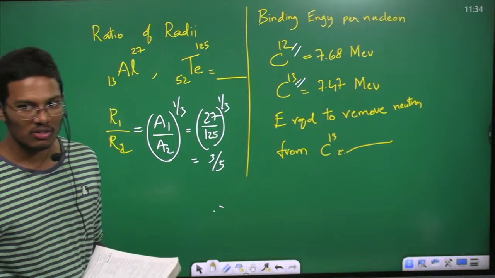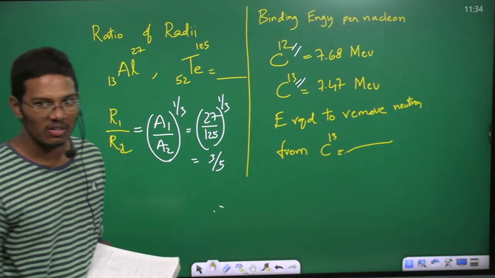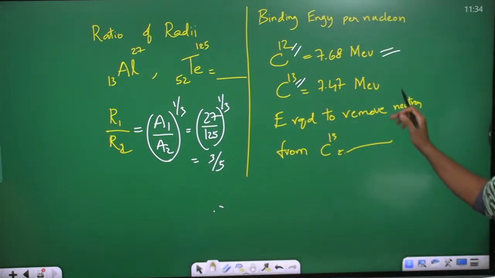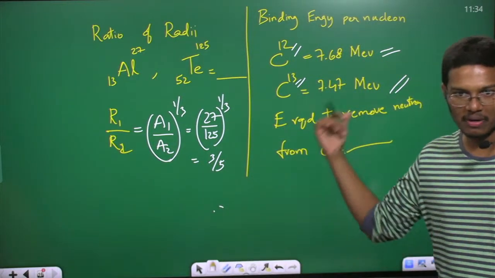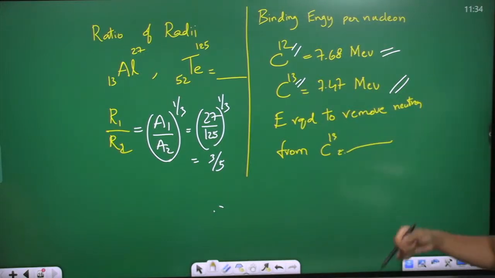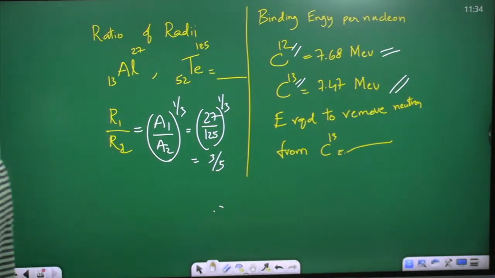If you try to remove 1 from 13, it will become 12, right? So find the total binding energy for carbon 12, and find the total binding energy for carbon 13. You subtract them, and you will get the energy required to remove 1 nucleon. You don't need modern physics for this, just basic mathematics, aptitude.